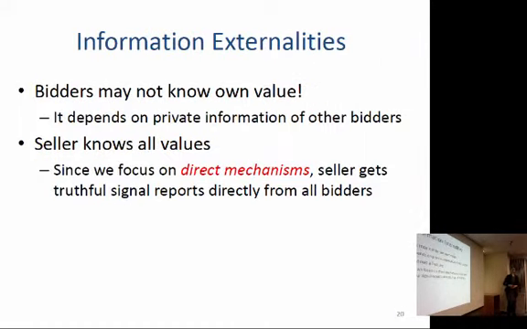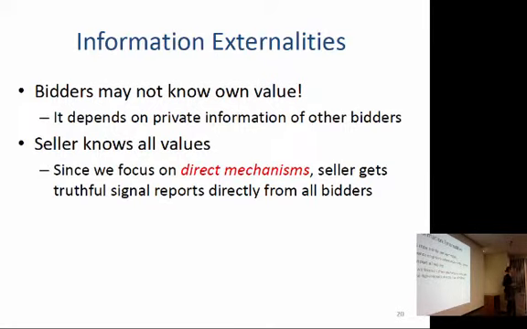Okay, so let me point out something really weird about this model. Bidders may not know their own value because it's a function of the signals of everybody else, and the signals are private information. We're going to be focusing on mechanisms that are direct and truthful.